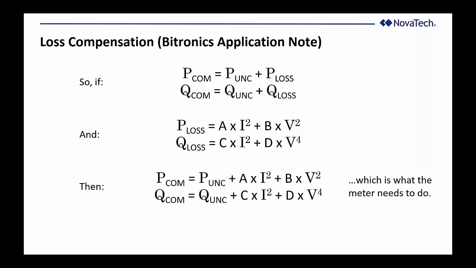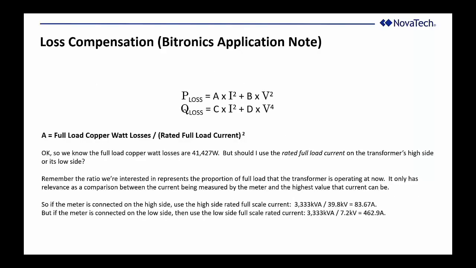What it has to do to compensate is measure the current and voltage, square it, or square it twice, and then multiply by the corresponding A, B, C, and D factors. So, a couple techniques. Remember, I said that the theory isn't so complicated, but the application gets cumbersome because there are so many terms that we have to keep straight.